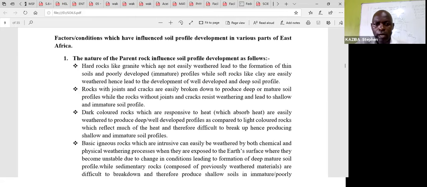Hard rocks like granite are not easily broken down, leading to thin soils and poorly developed soil profile. Now, these are the same factors for soil formation. Whereas soft rocks like clay can easily be weathered, leading to the development of well-developed soil profile. Then you go to rock joints like that. That's how they are explained.